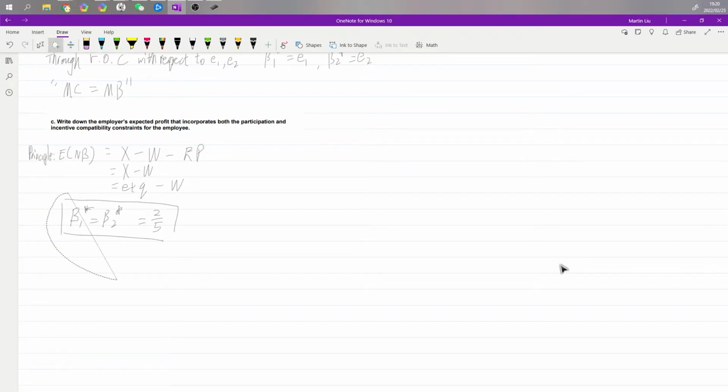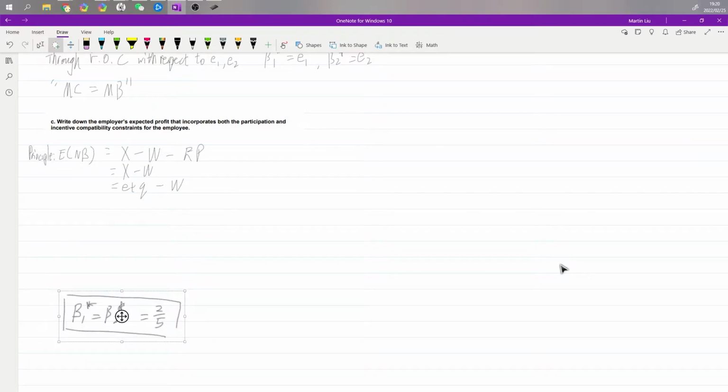And to mention what's happening in between, let me bring this down a little bit so we do not miss all the important steps. First of all, we set expected net benefits as an equation of betas. So we can simply bring in everything and make expected net benefits for the principal, or sometimes we call it expected profit of the principal. Let's change it to profit so we do not mix it up with the net benefits for the agent.